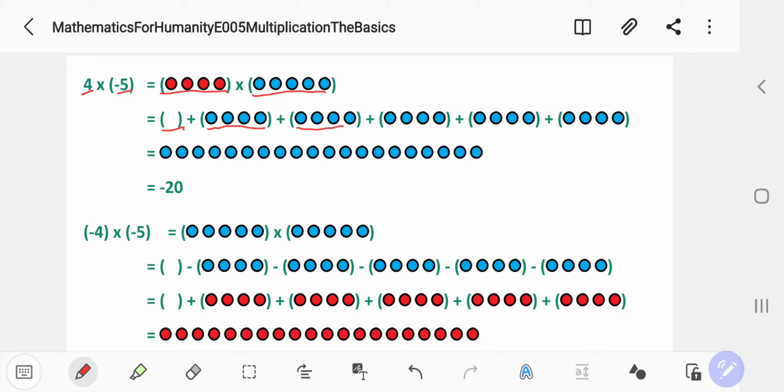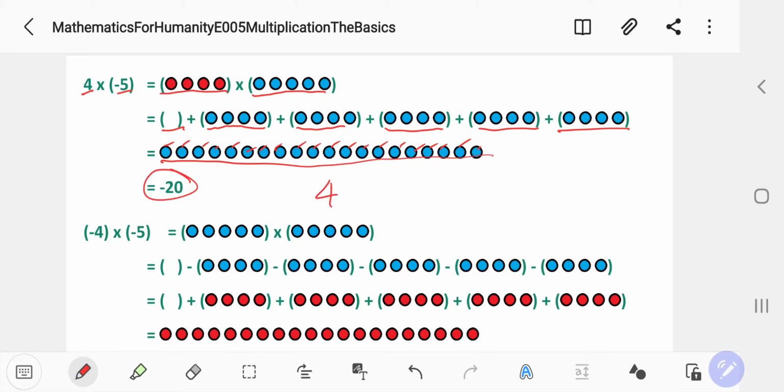So you have 1, 2, 3, 4, 5, 6, 7, 8, 9, 10, 11, 12, 13, 14, 15, 16, 17, 18, 19, 20. Since these are colored blue, you have negative 20.